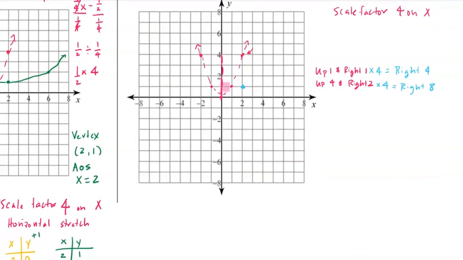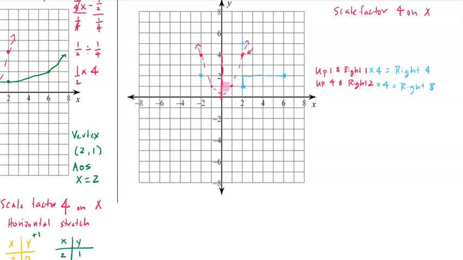Okay, so now let's go ahead and do the movement from the vertex. So we're going to go up 1 and to the right 4. 1, 2, 3, 4. And then we can go up 1 and to the left 4. 1, 2, 3, 4. Now it tells us to go up 4. 1, 2, 3, 4 right here. And then right 8. 1, 2, 3. That's going to be off the axis.